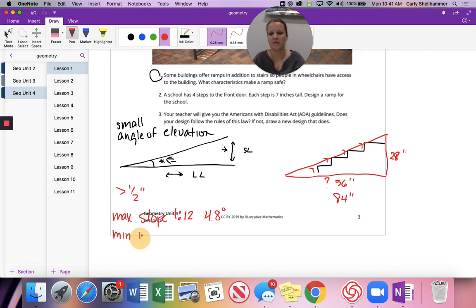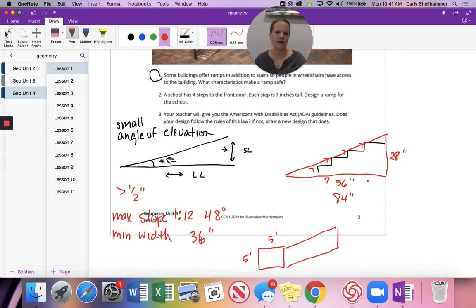A minimum width of 36 inches. Ooh, 36 inches. There must be a minimum 5 feet by 5 feet flat area. So at the bottom it has to be 5 feet by 5 feet before the ramp starts.